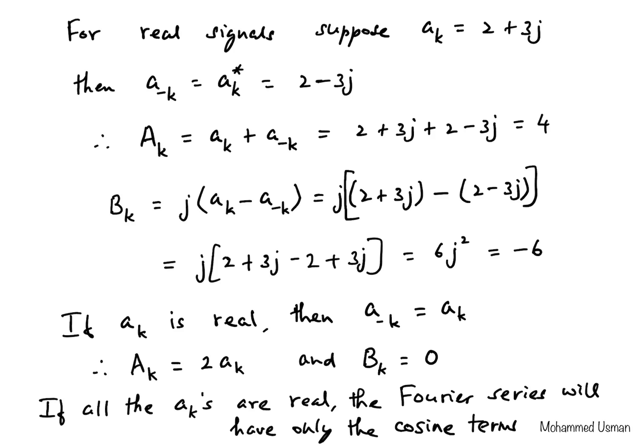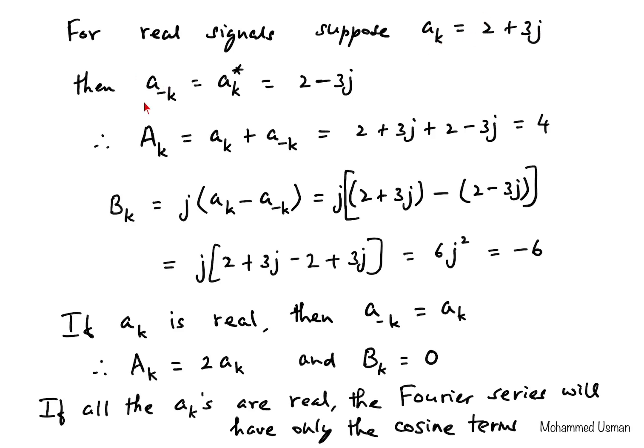And if the value of AK is a real number, if AK itself is a real number, then for that particular AK, the corresponding A minus K will be equal to AK itself. So for example, if AK is a real number, that means there is no imaginary part. So say AK is equal to 2.